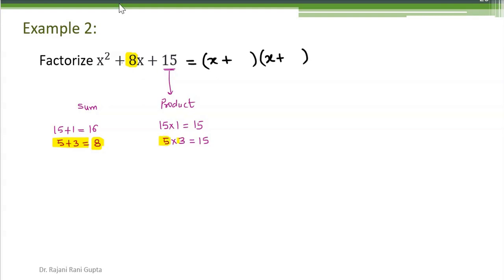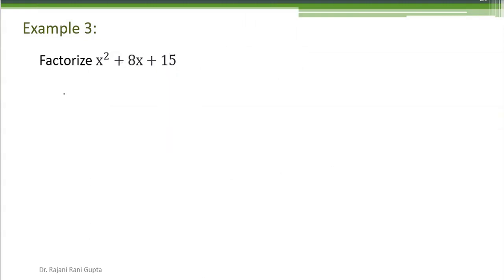So the required numbers are 5 and 3. You will write here 5 and 3. So the factors become x squared plus 8x plus 15 is equal to x plus 5 times x plus 3. I hope it's clear now.